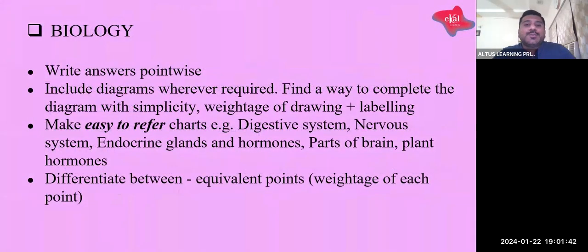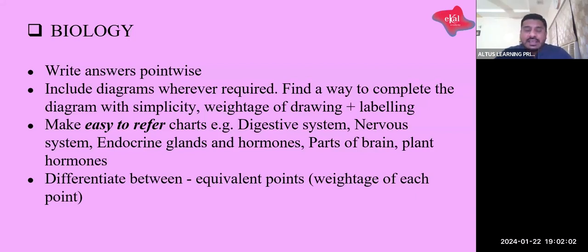Let us see what is there in biology. When we are talking about biology, it's a quite vast subject. There are chapters in biology which have long descriptive questions and answers. You have to write all the answers point wise.